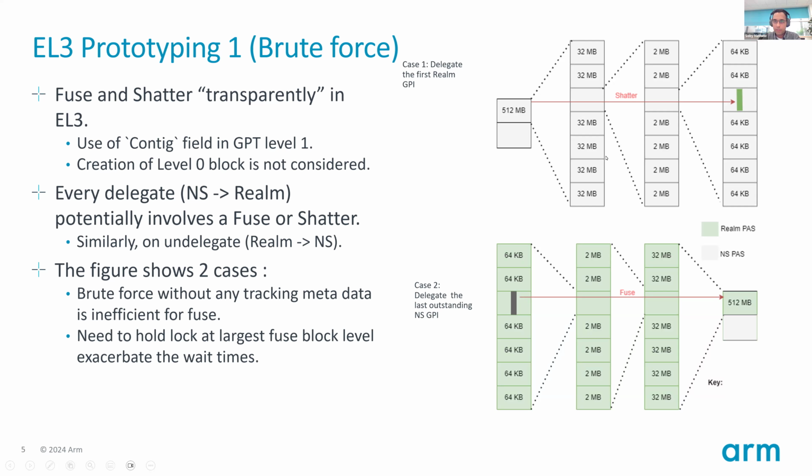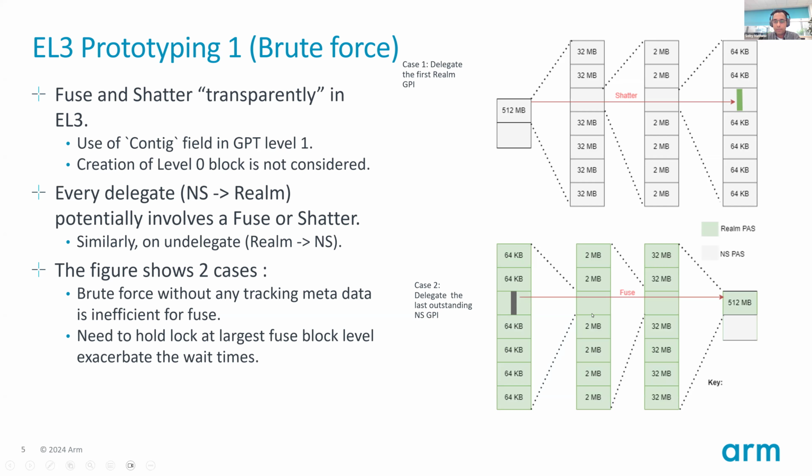So this is one situation. The other extreme situation is assuming that all the adjacent pages are already in the realm pass, and there is one last outstanding GPI which is still corresponding to the non-secure pass.